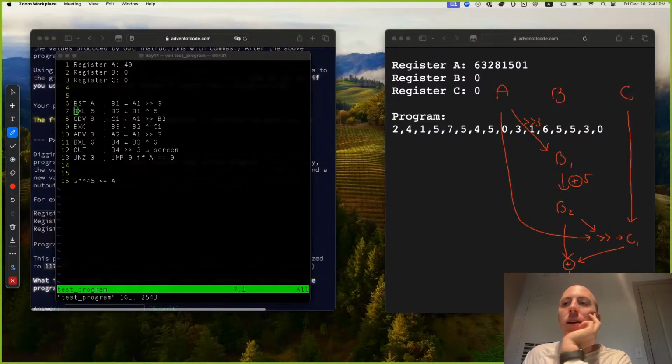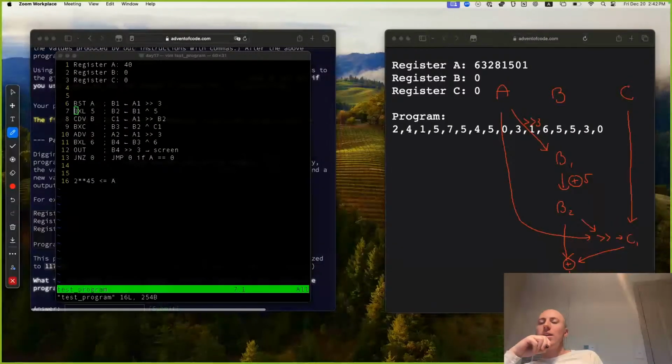B3. And then B4. Okay, I'm down here below, my thing's in the way, but then you just XOR with 6. So I can kind of see it. I don't know if it's super useful to see that. I guess the most useful thing is just to see the dependencies.